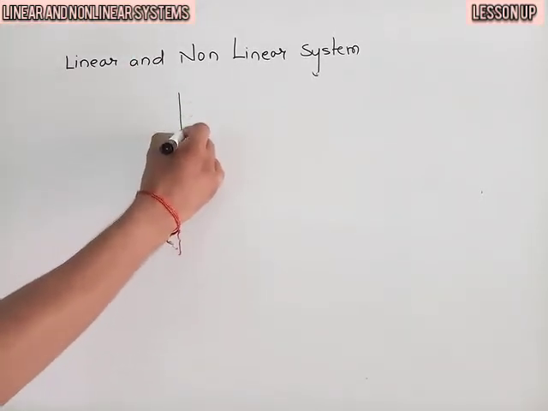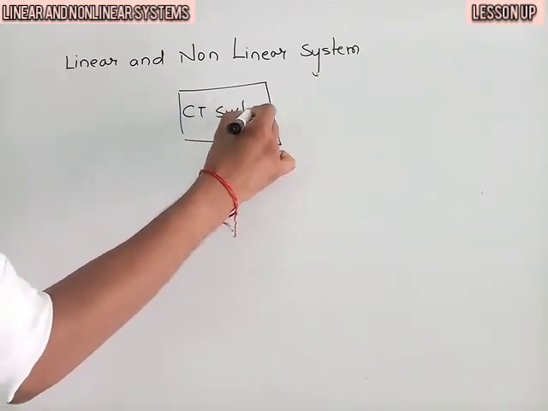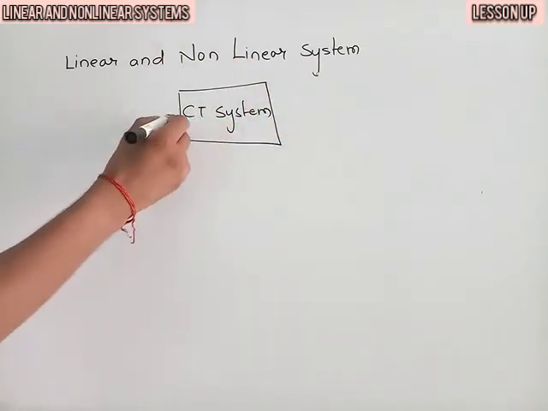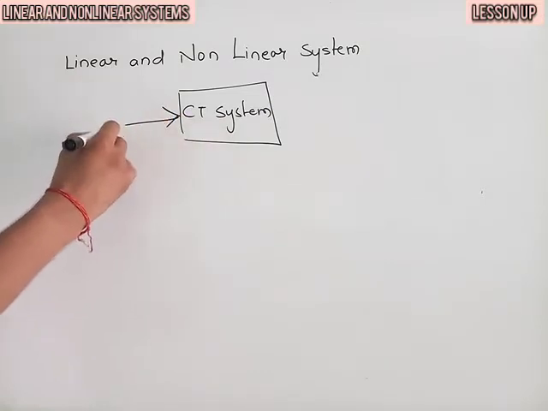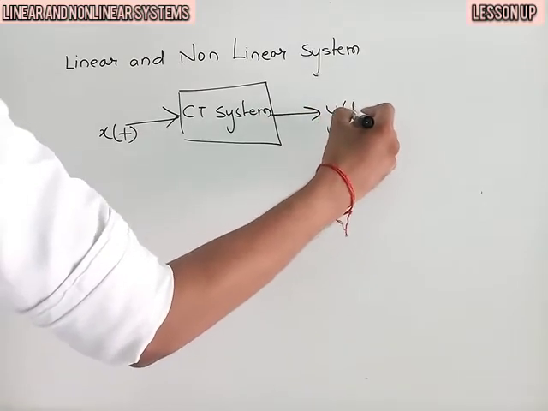suppose we have a continuous time system, in which we give input x of t and we get output y of t.